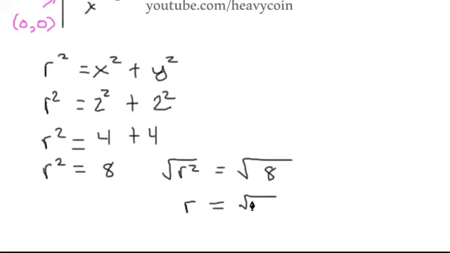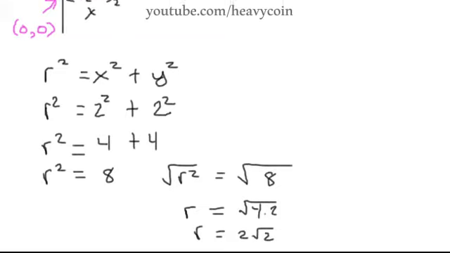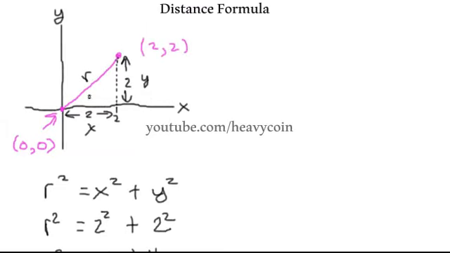Now we can break this up as 4 times 2, which is 8. But you know the square root of 4 is 2. So we end up getting that side of the triangle is 2 times the square root of 2. So this distance here is going to be 2 square roots of 2, right, the distance.